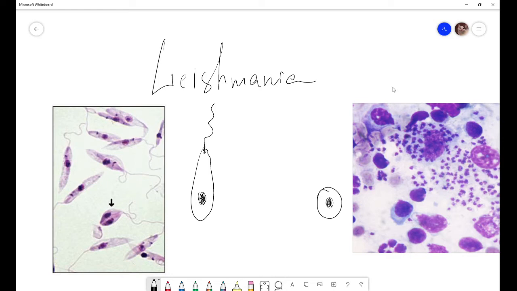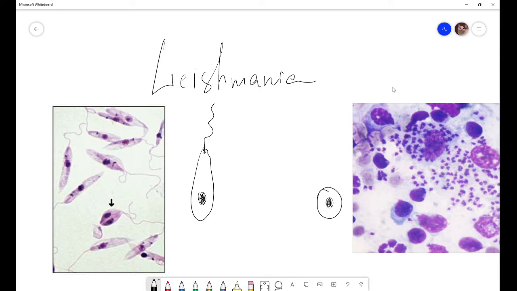The first species is Leishmania donovani, and this Leishmania causes visceral leishmaniosis, or another name, Kala azar. And the second parasite is Leishmania tropica, which causes old world leishmaniosis.